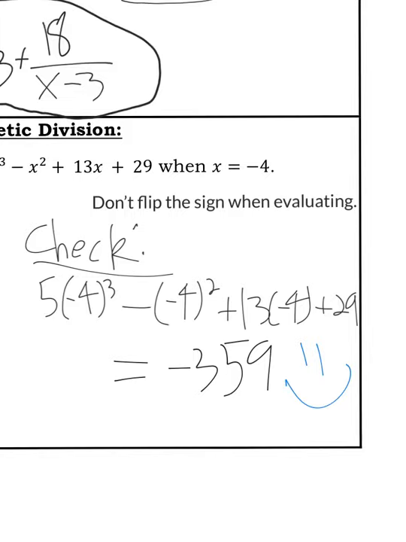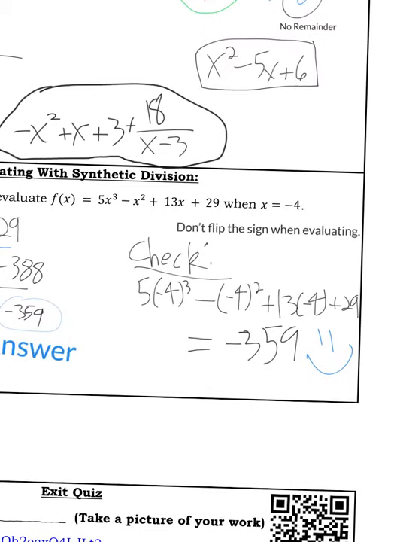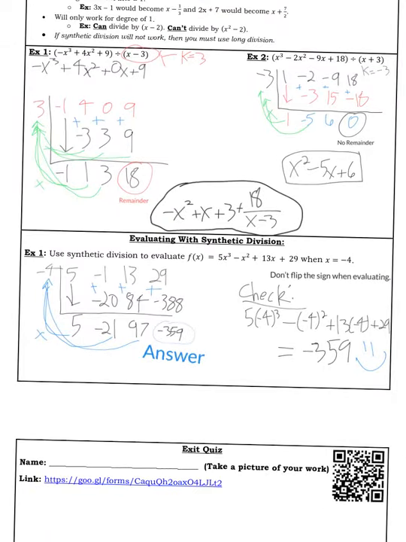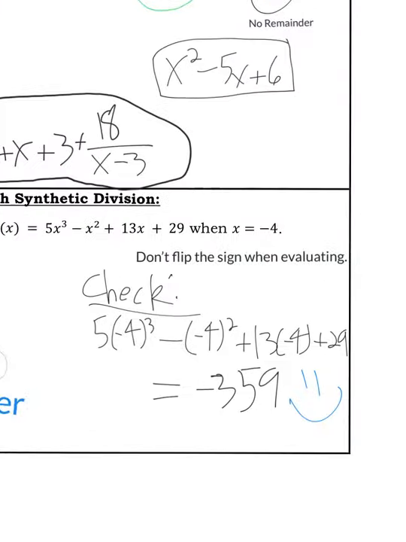All right, so why would you want to use this? I'm going to be completely honest. I don't really know. But that's how you do it. When you're evaluating with synthetic division, you use synthetic division, you get the answer. Maybe it's quicker when you have really big numbers.